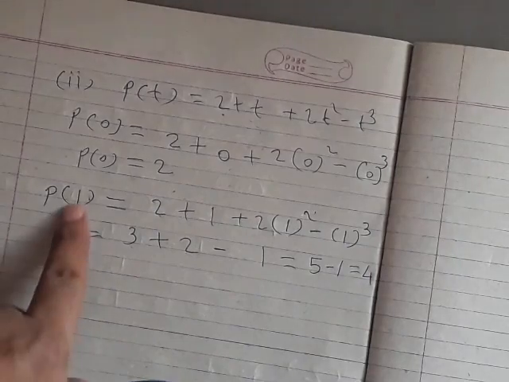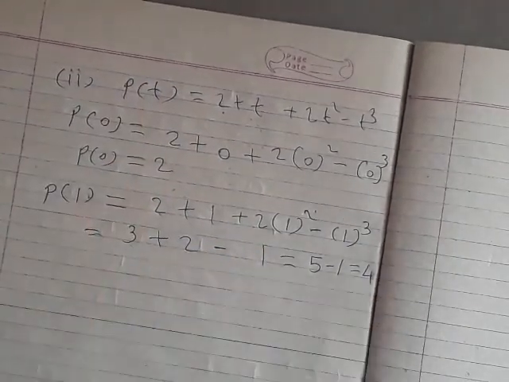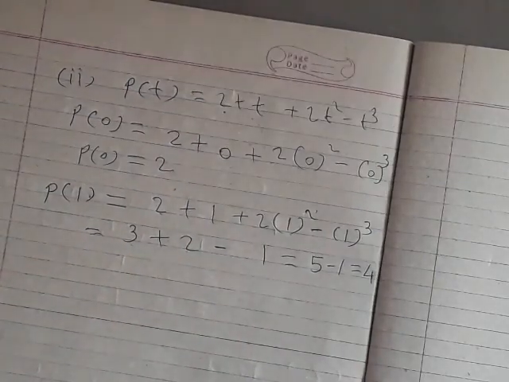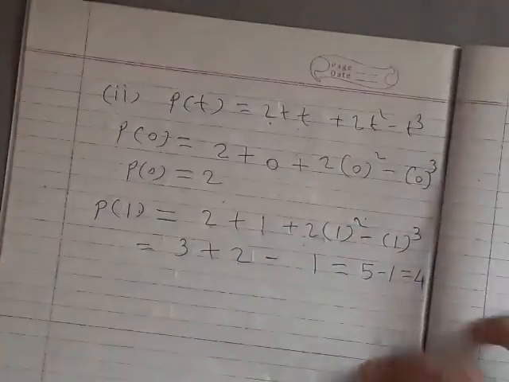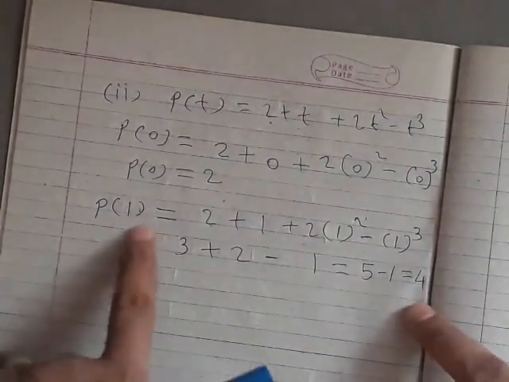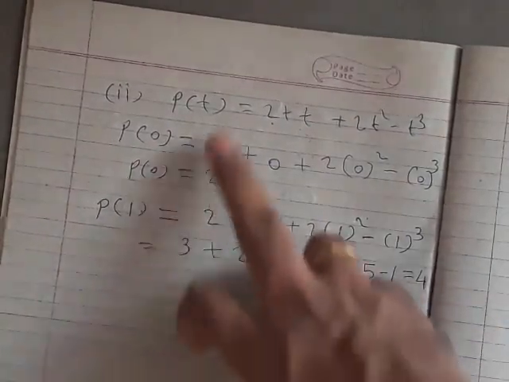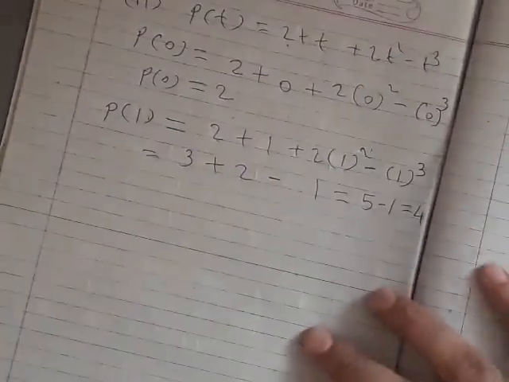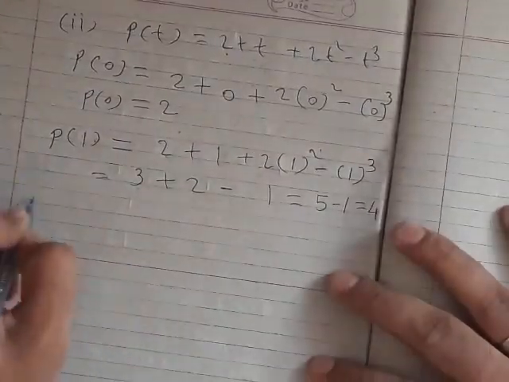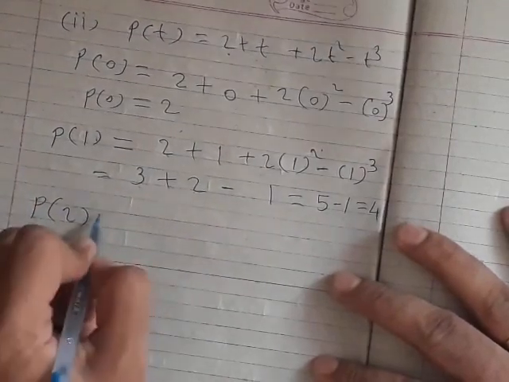So we can say the value of Pt at 1 is 4. Okay, so the value of Pt is 4 for t equal to 1. P2.